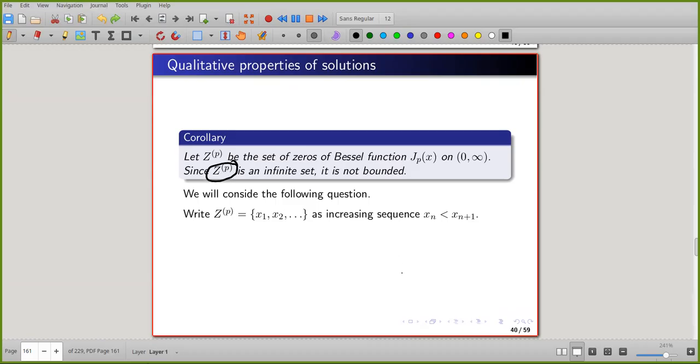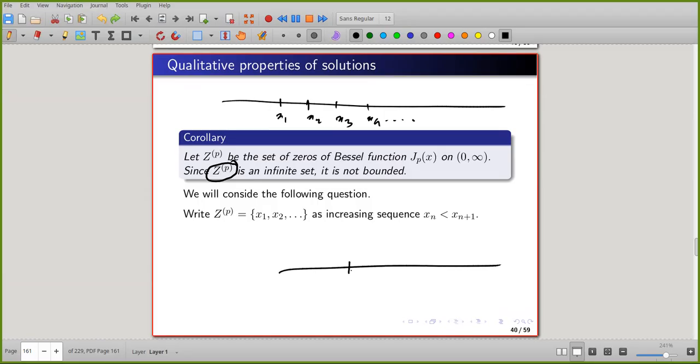Right? So we take the zeros of Jp(x) and we order them increasingly, so we can just number them. So this is x1, x2, x3, x4, and so on. Suppose I give you an infinite sequence which says that many of them converge to this, and then there is something over here also.